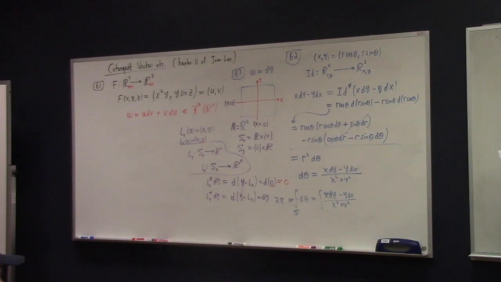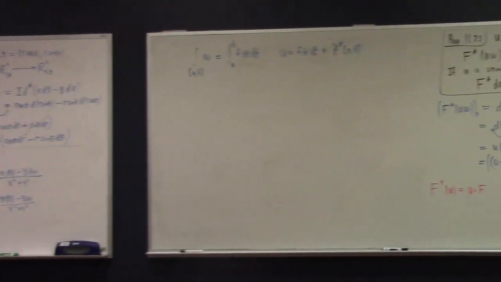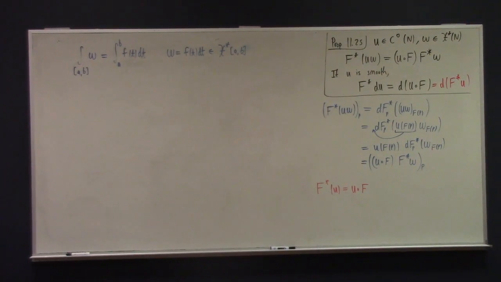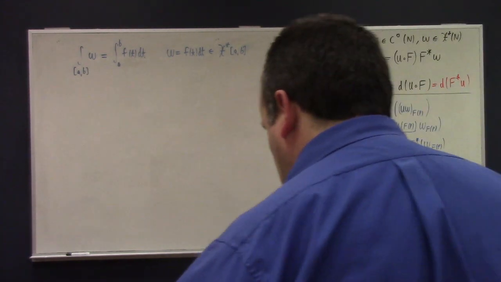So this would be for omega equals f of t dt, a covector field on, let's say, the closed interval from a to b, or you could say on the reals. And then he proves that this notion of integration is invariant with respect to reparameterization. He calls it the diffeomorphism invariance of the integral.